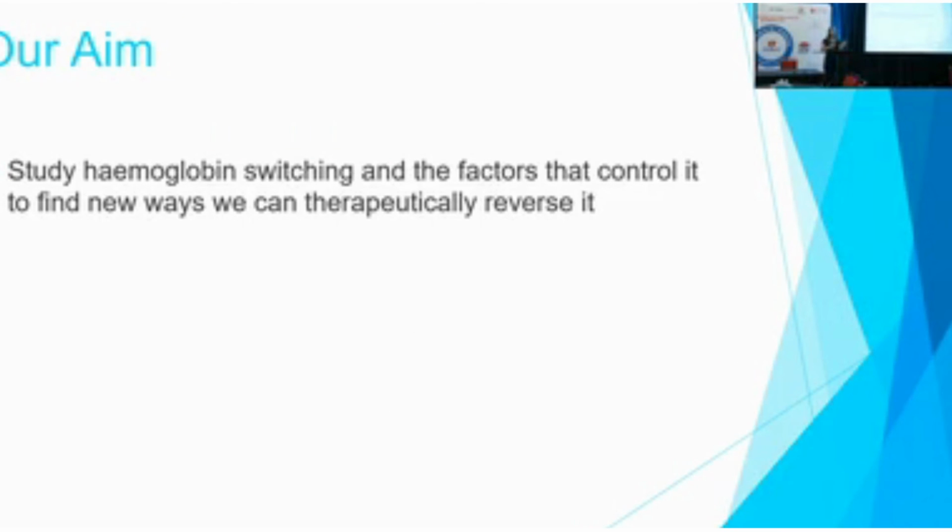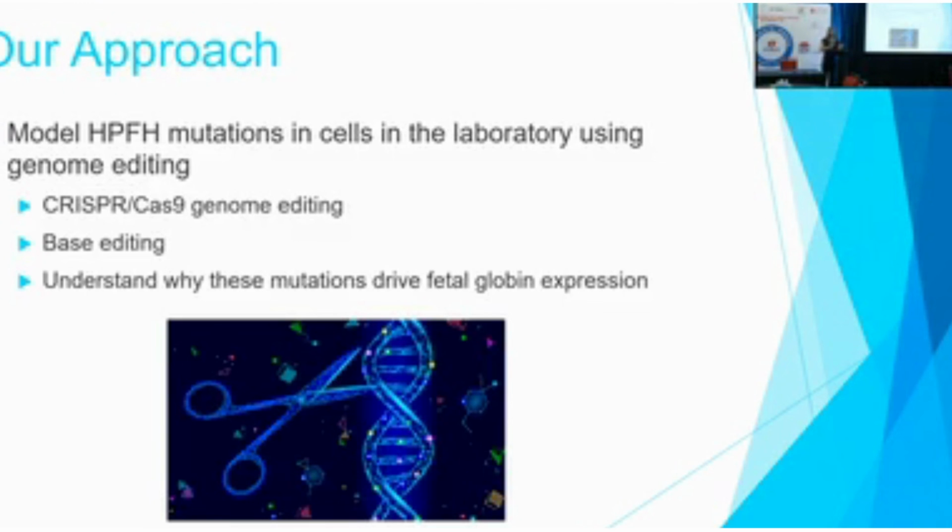So our aim, which I've sort of just said, but I'm going to say it again, is to study hemoglobin switching and the factors that control it to find new ways that we could therapeutically reverse it. Our approach: in our laboratory, we want to model hereditary persistence of fetal haemoglobin mutations using genome editing, which Anthea has very nicely already introduced for me.